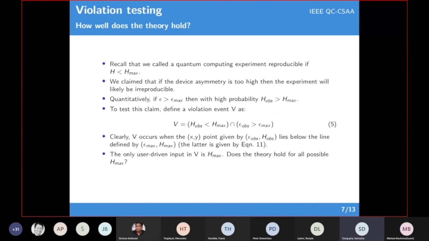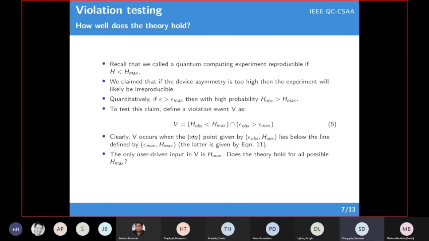But not so fast, right? We have not really explored what happens when we vary H-max over all possible values. Does the theory still hold? To study that, we defined what we call a violation event V. This basically tells you that the data is showing something which the theory doesn't predict.